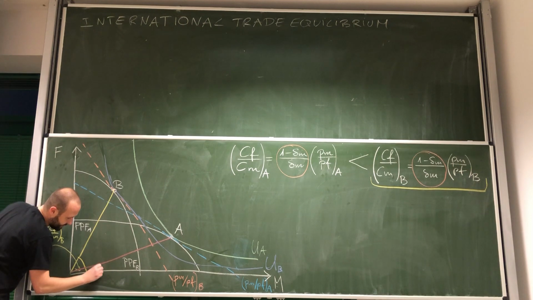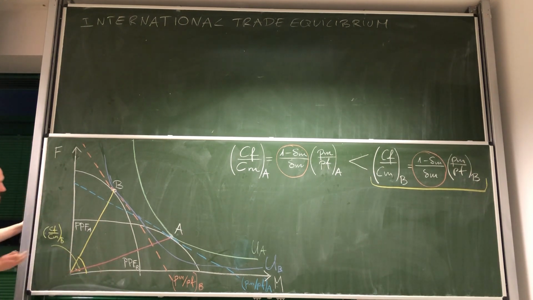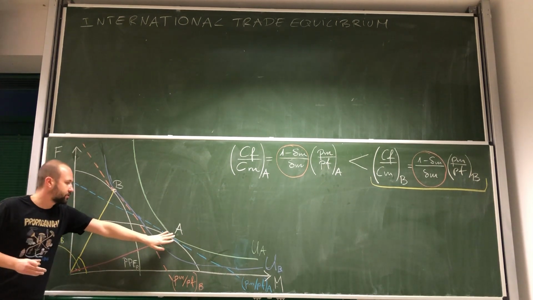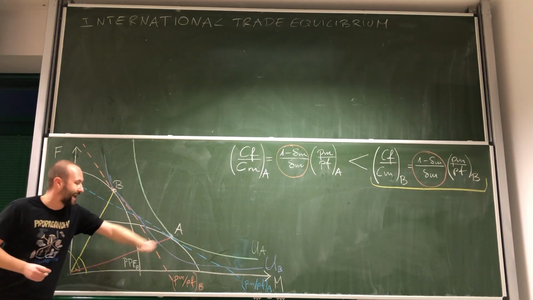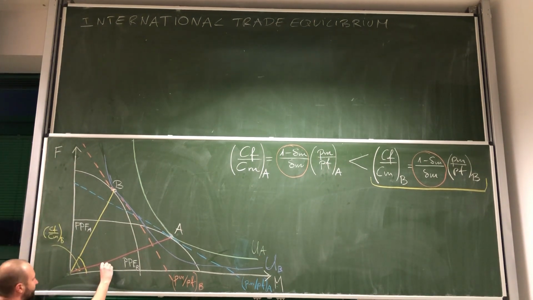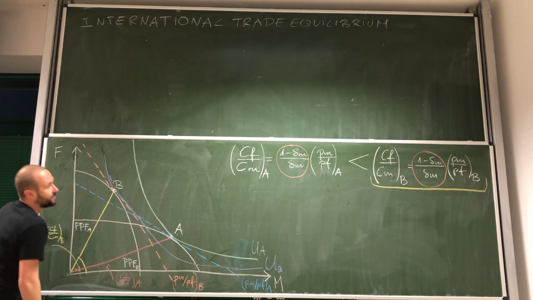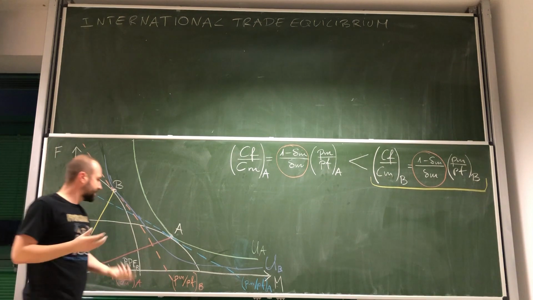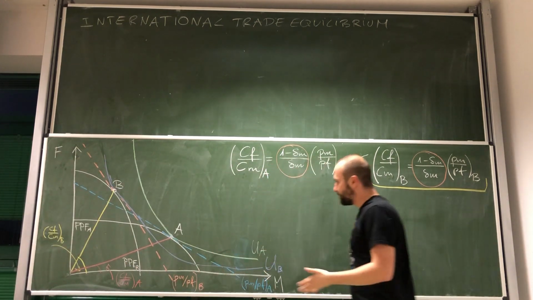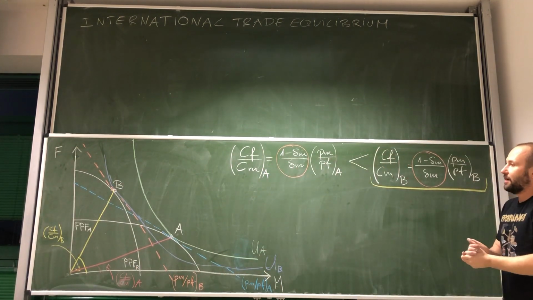And the slope of this line connecting the origin with point A is given by the ratio of food to manufacturers in Austria.